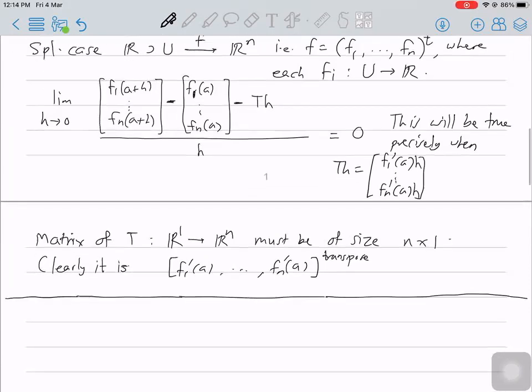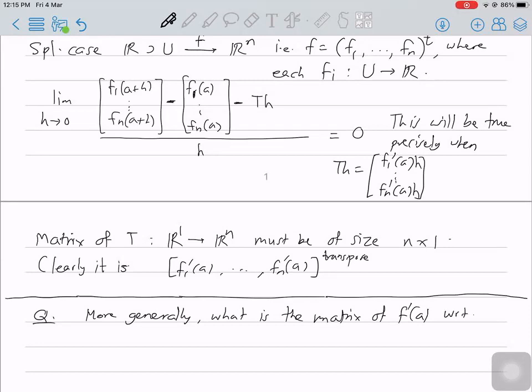So more generally, the question: what is the matrix of F prime of A with respect to the standard basis of Rm and Rn?